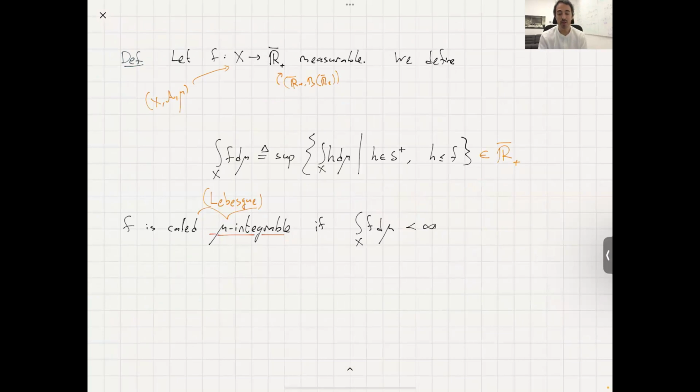So with this, we're actually ready for the main definition. Say a measurable function f from X, now equipped also with the measure mu, so it's not just a measurable space, it's a measure space, to R plus bar.